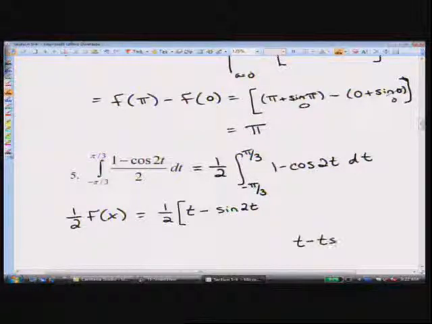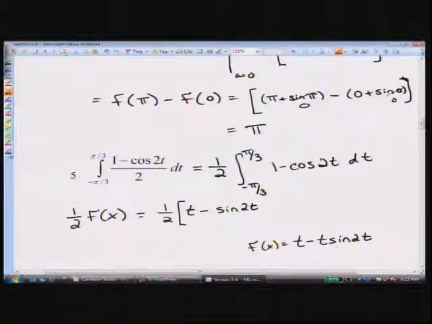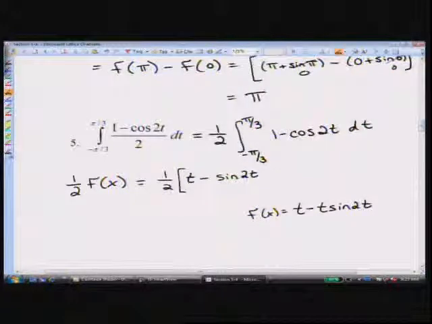Okay, so you want to say t minus t sine 2t? Yes. Can you take the derivative? This is your f of x. So can you take the derivative of this for me? It's supposed to be 1/2 sine.